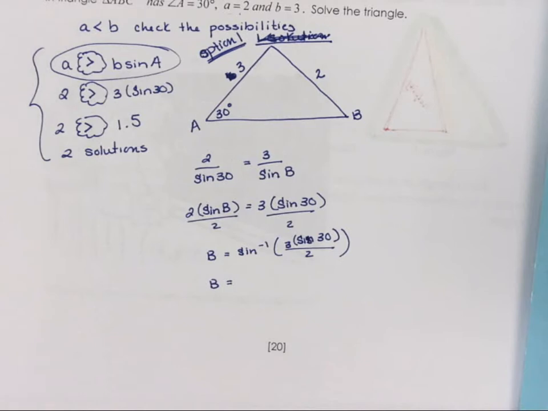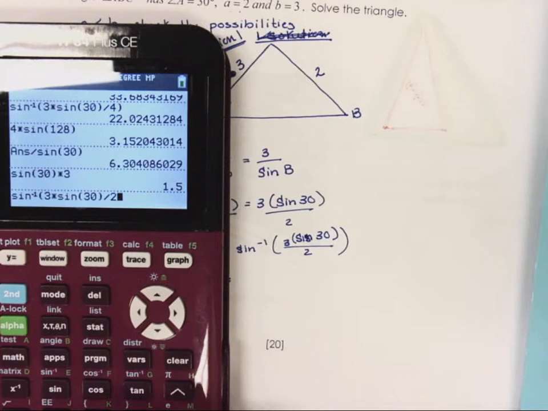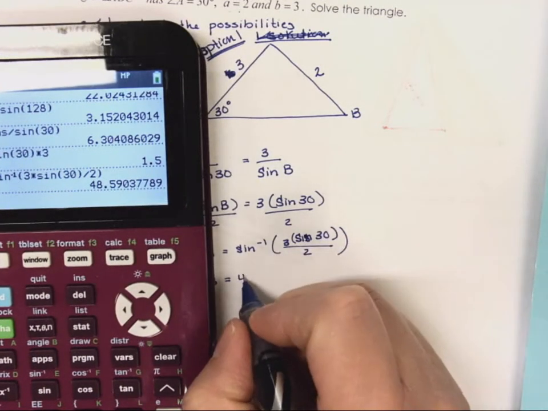Okay, so I'm just putting this all in my calculator. 3 times sine 30 divide by 2. And I'm going to get 49 degrees. Okay, here's the thing. I'm going to label this B1 because I have 2 triangles, right?